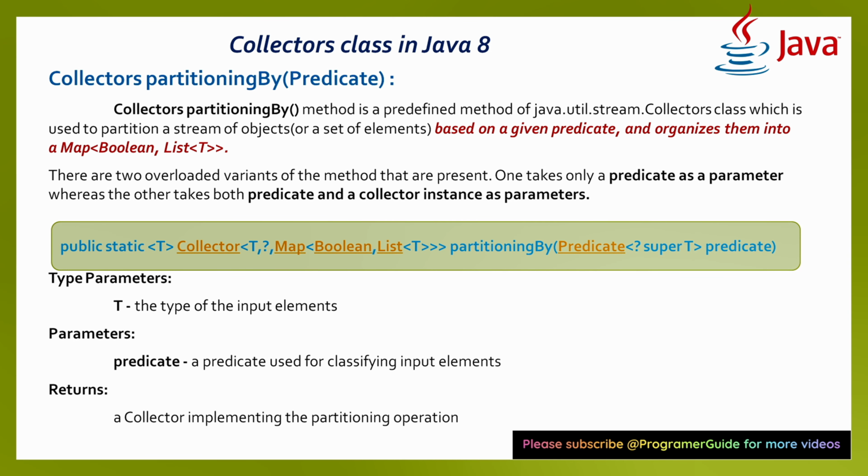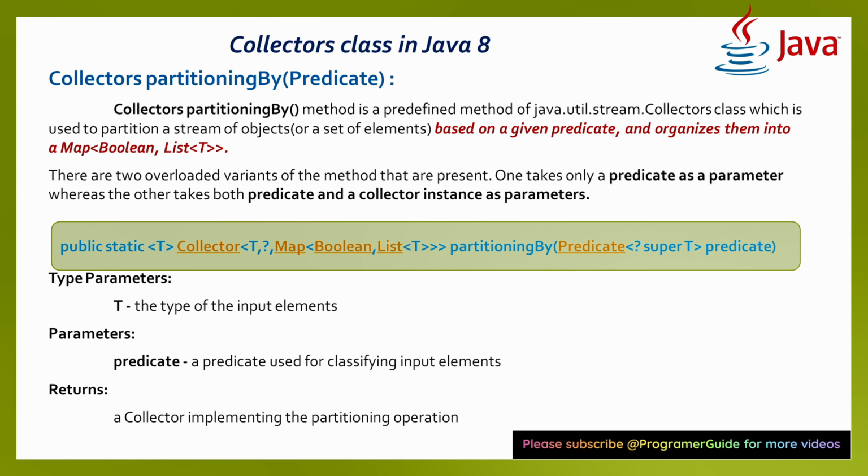Today we are going to discuss the Collectors partitioningBy method. Before getting into the concept, I'm going to tell you some real world scenarios where you are going to use partitioningBy. Suppose you want to group the data based on some given conditions.